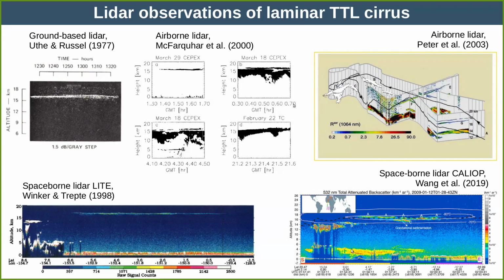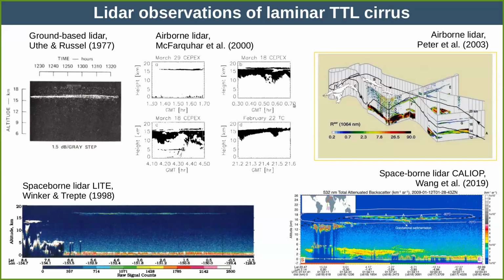Those clouds are also seen from the spaceborne LiDAR Calliope, and here is an example from a study in 2019. But all those observations suffer from different kinds of limitations. For example, ground-based LiDAR are intermittently blinded by lower clouds, and they have a very poor spatial sampling.